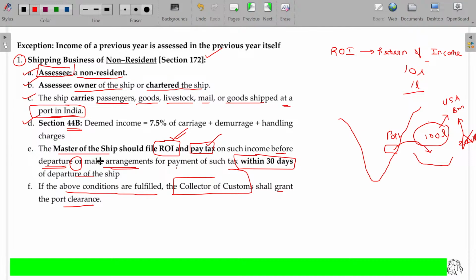Sir, what about that section 44B, sir? We have sections called 44AD, 44AE, 44BBA, like that, especially 44B. This 44B is talking about presumptive income. Presumptive income, okay?